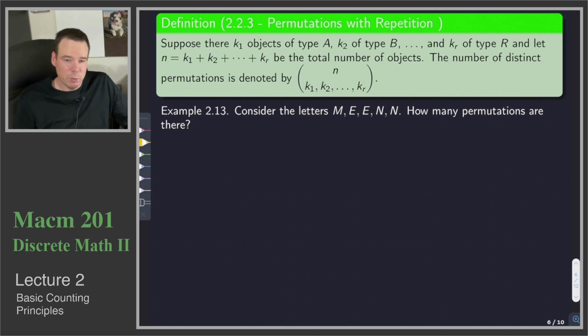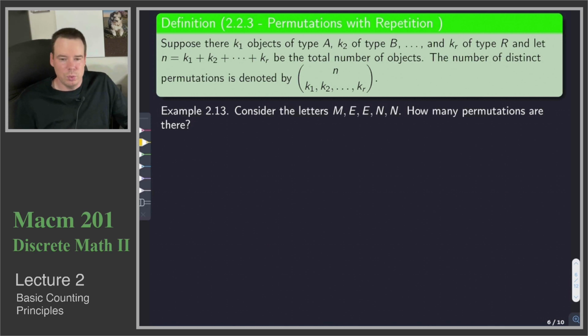How many ways can we permute these objects? The number of ways we can permute these objects, this is a definition, is given by this symbol here, which is n choose k1, comma, k2, comma, all the way down to kr. That's how we'll read this.